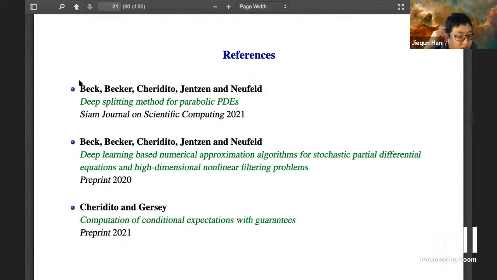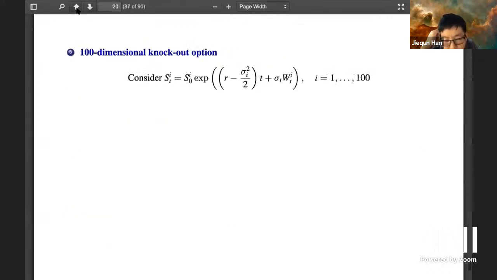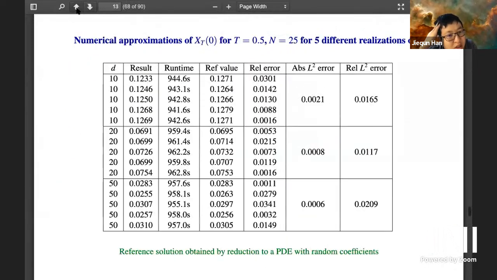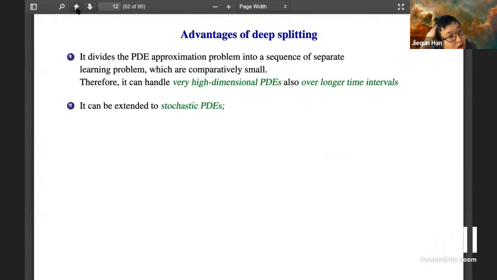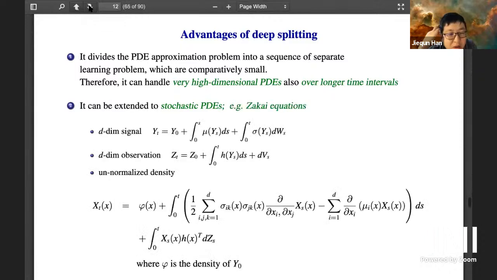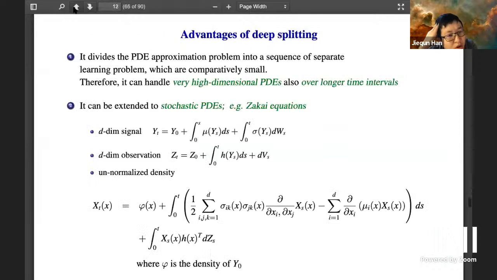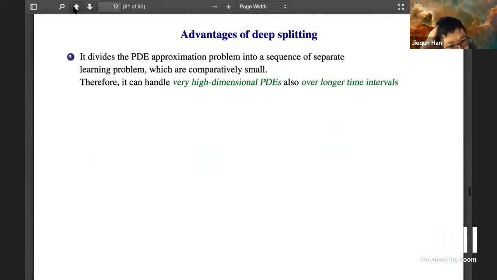So in that case, if the parabolic PDE becomes quasi-linear, then that means the distribution is also unknown. Have you tried the deep splitting method for the quasi-linear case, and how do you deal with the unknown distribution of forward x? Because in the quasi-linear case, that might also involve unknown terms.